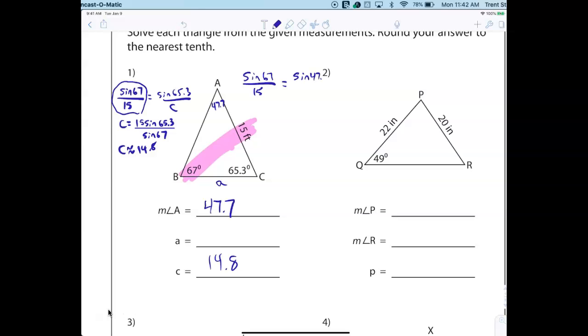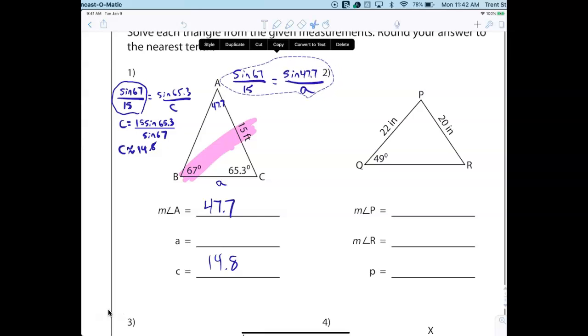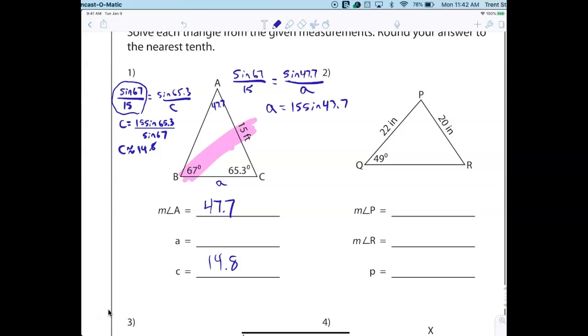Sine 47.7 over A. And so A is equal to 15 sine 47.7 divided by sine 67.